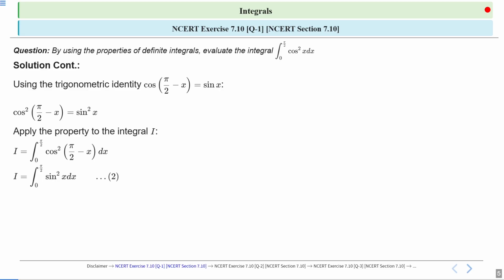Now we have two equations with I. First, I is equal to the integral from 0 to pi by 2 of cos square x dx, and second, I is equal to the integral from 0 to pi by 2 of sin square x dx. Can we use both equations to find the value of I directly without even integrating cos square x?